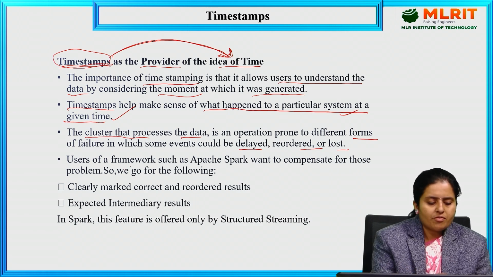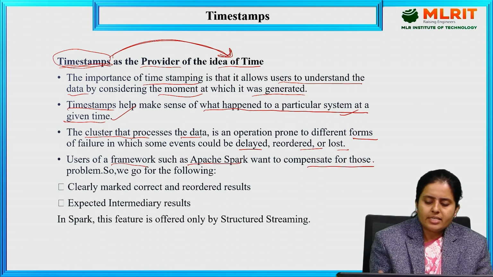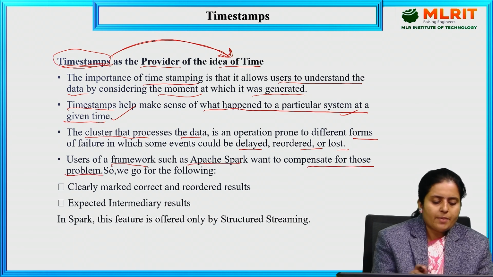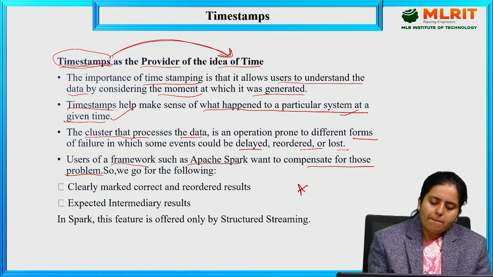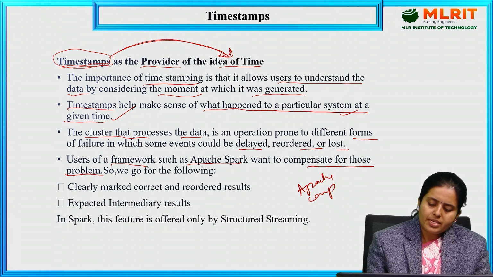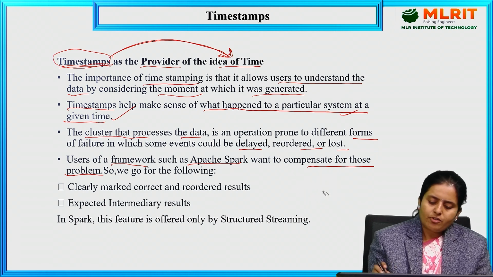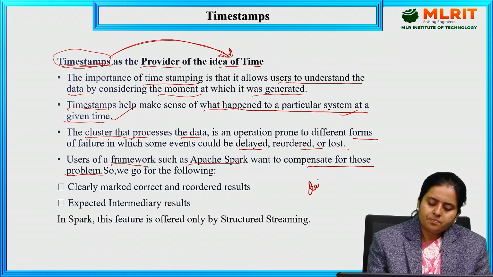Users of a framework such as Apache Spark want to compensate for those problems. By using Apache Spark we can remove these kinds of problems. What are the problems associated with processing all the events at a time?